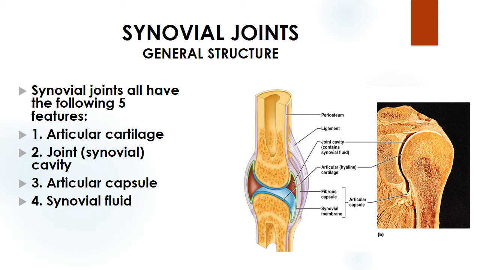The articular capsule is largely fibrous connective tissue, and like cartilage, the articular capsule is one of the connective tissues. It's formed from fibrous connective tissue, generally dense, irregular, fibrous connective tissue.